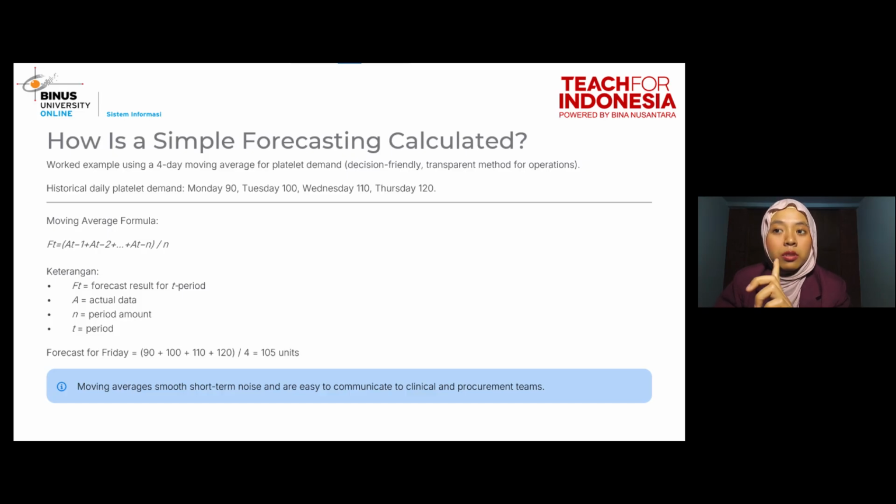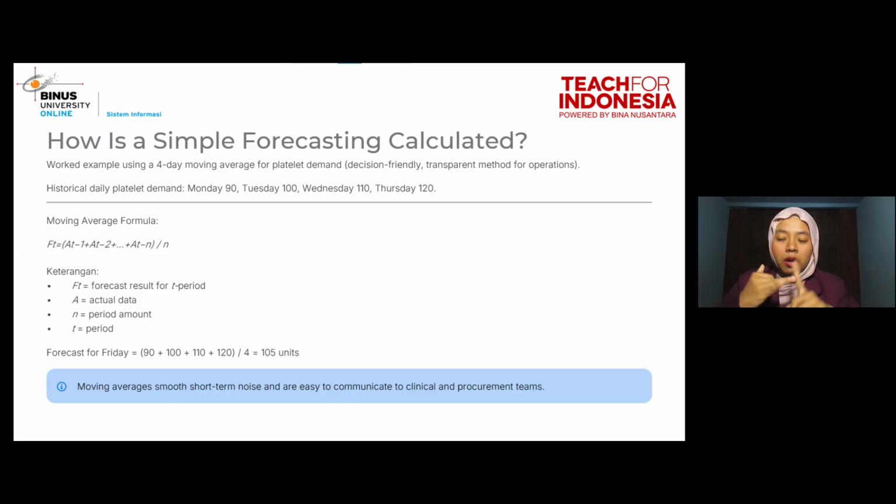On Monday, the demand was 90 units. On Tuesday, the demand increased to 100 units. On Wednesday, the demand reached 110 units, and on Thursday, the demand was 120 units. To forecast demand for Friday, we calculate the average of these 4 observations. First, we add all the demand values together.